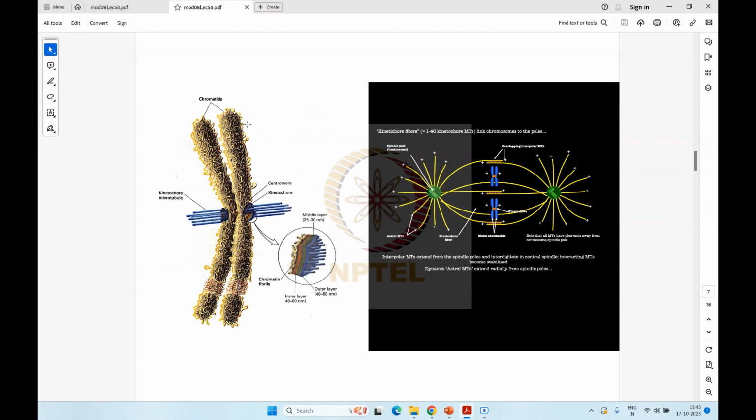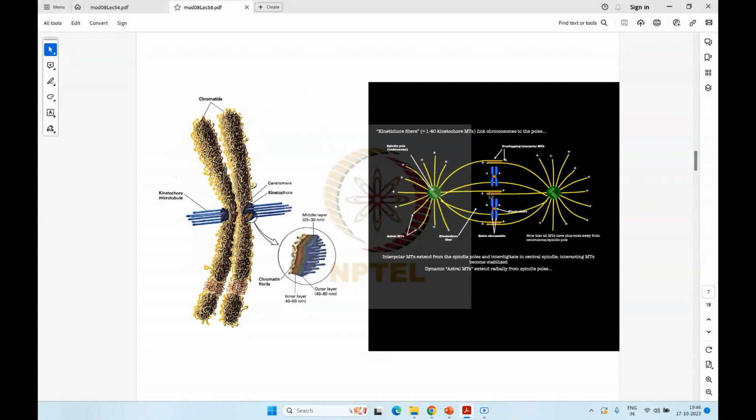The centrosome is going to release microtubules which are going to bind to the centromere, the kinetochores present in the centromere, and then a pulling force is applied from both sides.